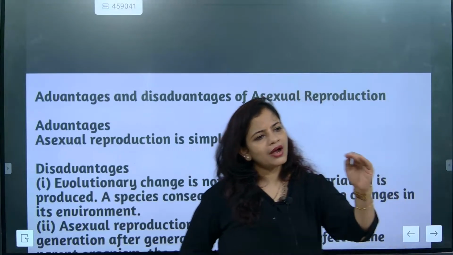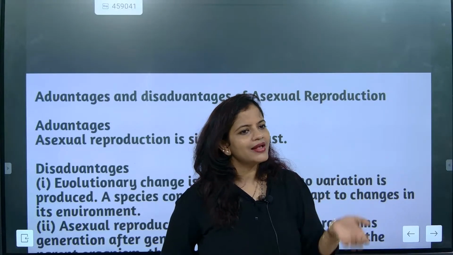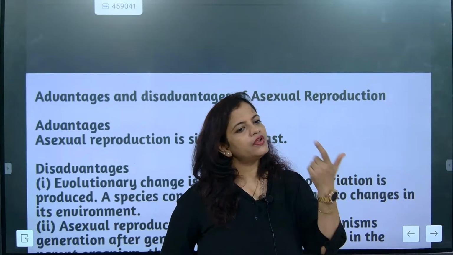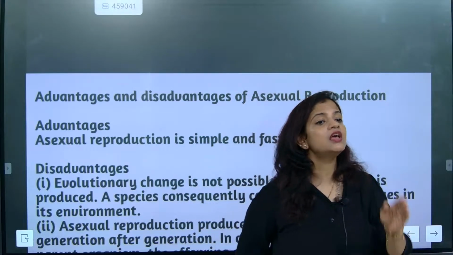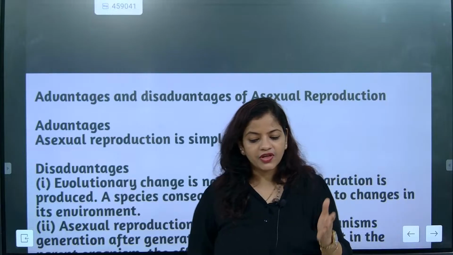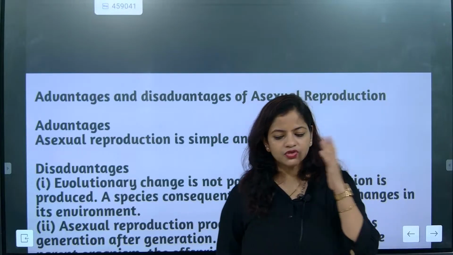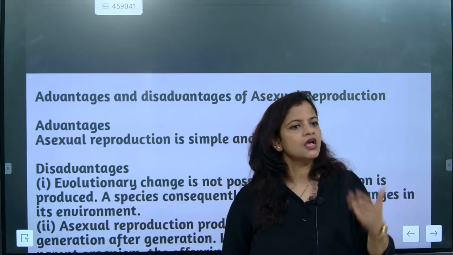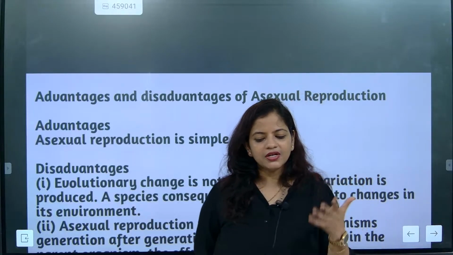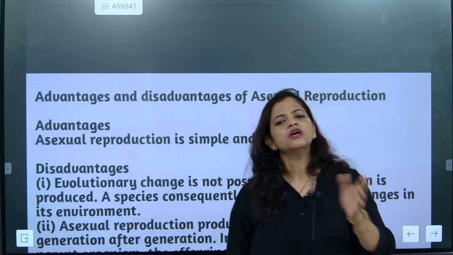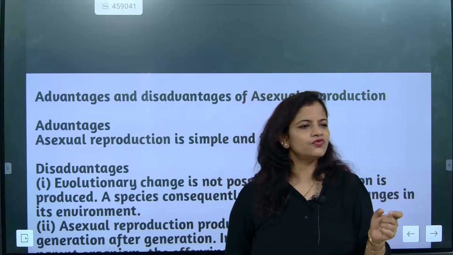Now look here, beta, if one type of defect comes in one organism, the defect will keep on carrying forward, understood? Because variations are very less, defects will be carried more into the generations, correct? Just understand, say one organism's lifespan is 5 hours.